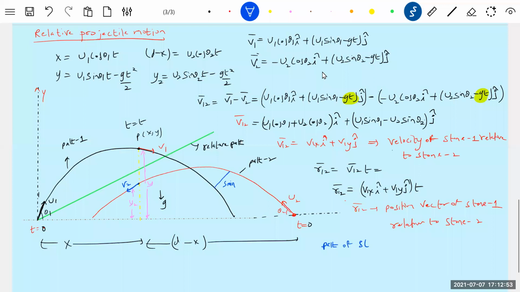Path of stone 1 with respect to stone 2 will be a straight line. Both the stones are describing parabolic paths, but when stone 1 looks at stone 2, it feels it is moving in a straight line.